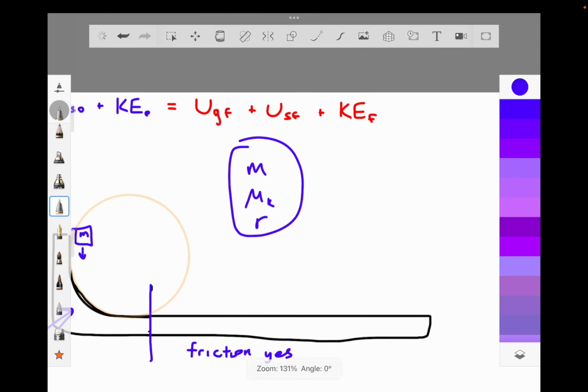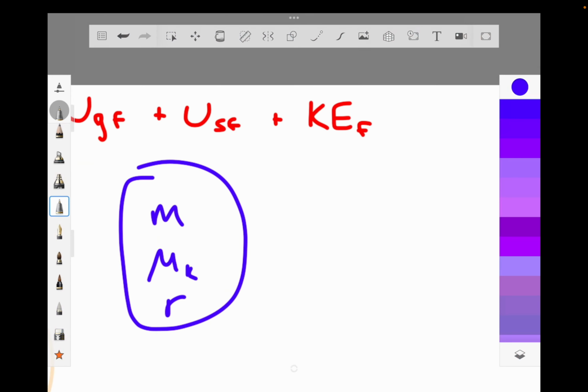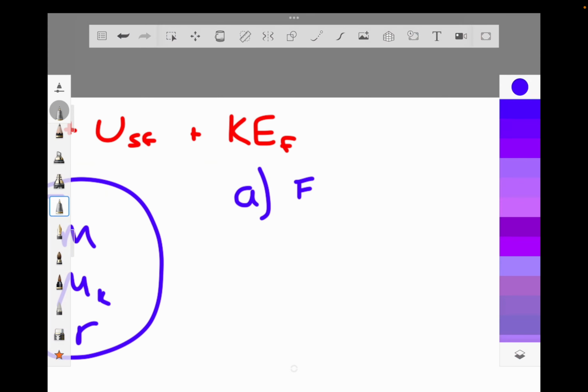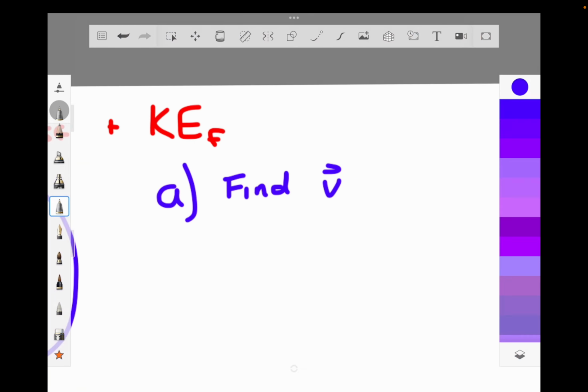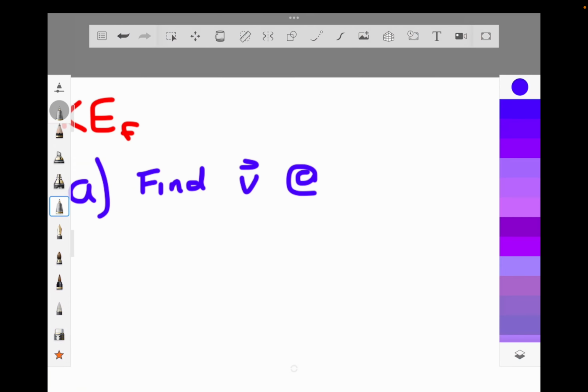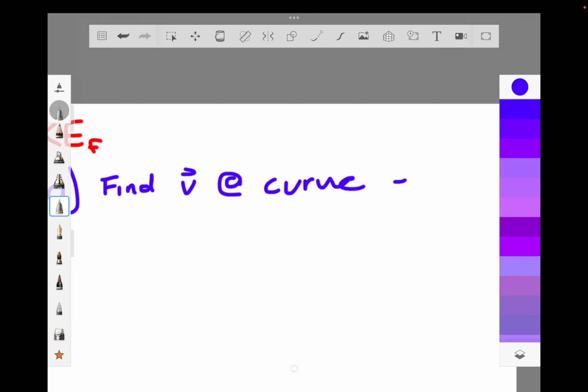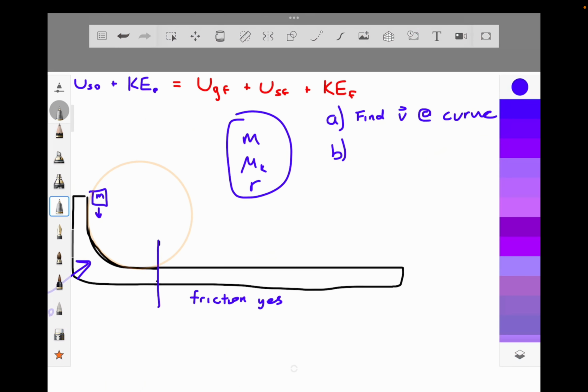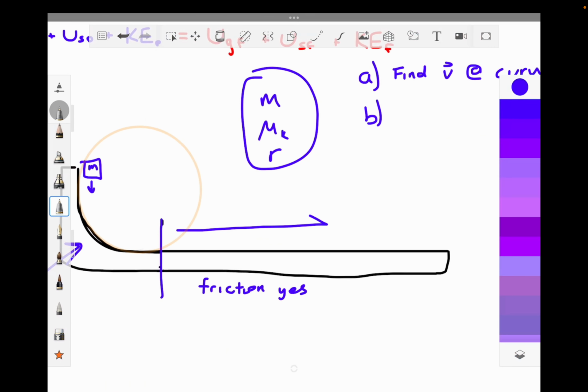That means we could just be like, part A, find the velocity at the end of the curve. Find V at curve end. And then B, you could be like, find how far the block goes before it stops, right?